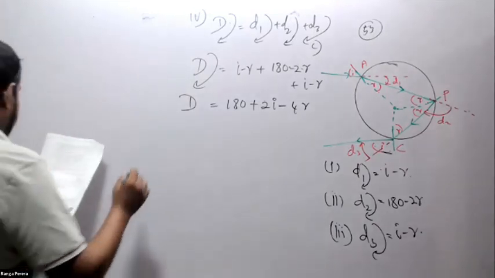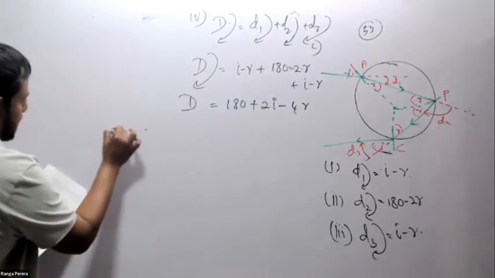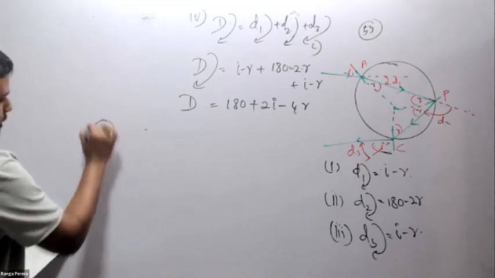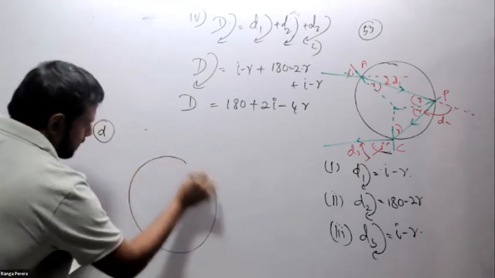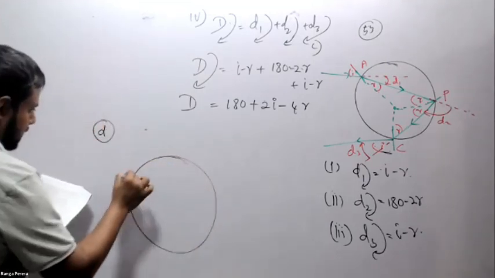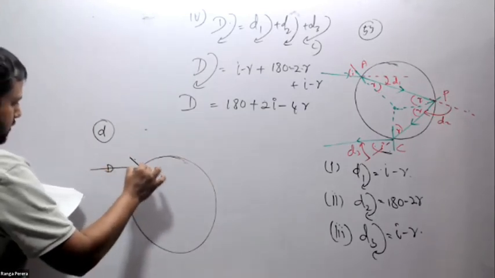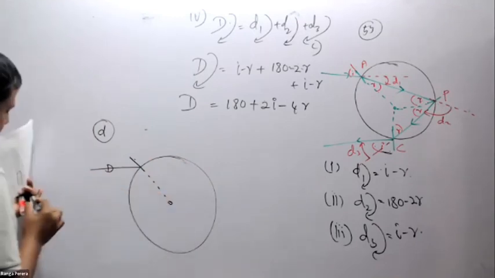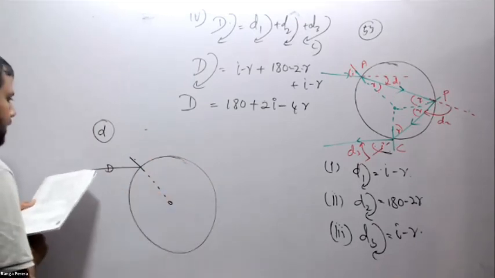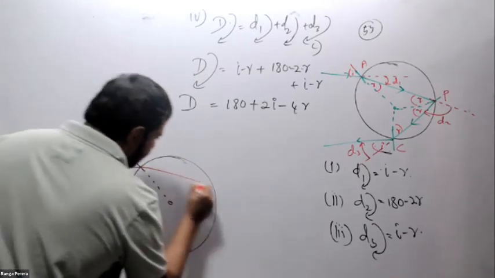Okay, I'll use this. Let's say location D here. This is the white color. It's striped with the red and blue. This is red.